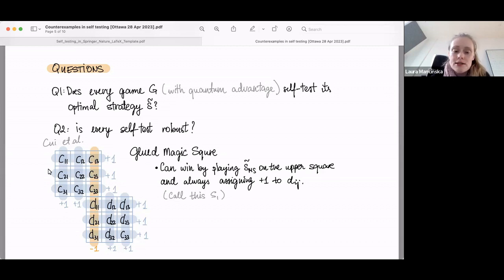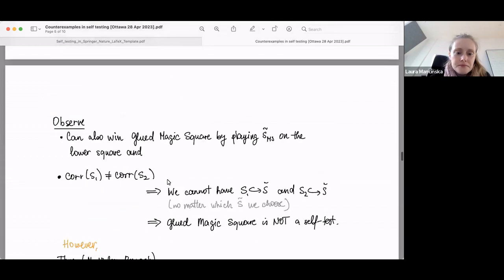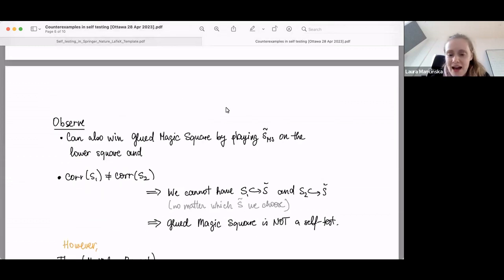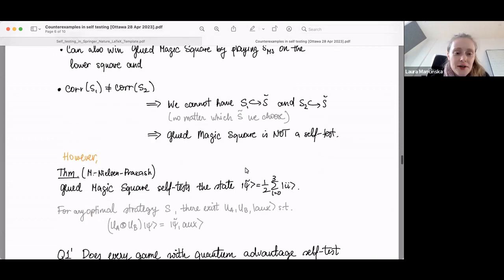So they don't generate the same correlation, and therefore they cannot be locally dilated to the same strategy. So that shows that glued magic square is not a self-test.